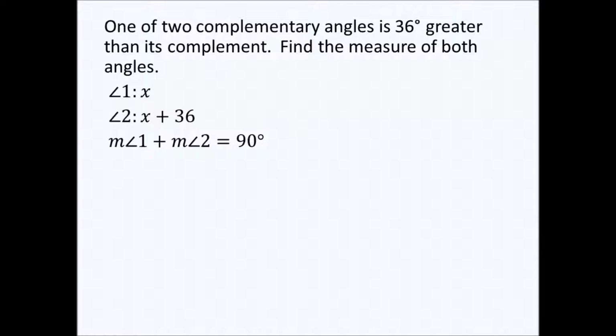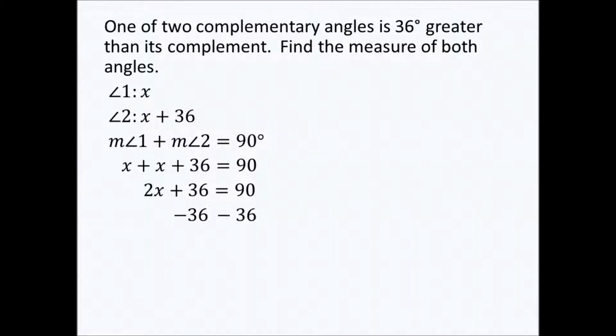The next step is to substitute the algebraic expressions for the measures of the angles. So x plus x plus 36 equals 90. The rest becomes algebra. x plus x equals 2x. 2x plus 36 equals 90. Now we're going to subtract 36 from both sides. 90 minus 36 gives us 54. 2x equals 54.